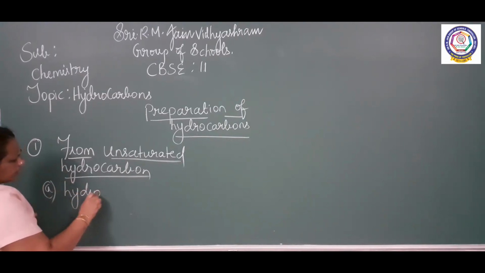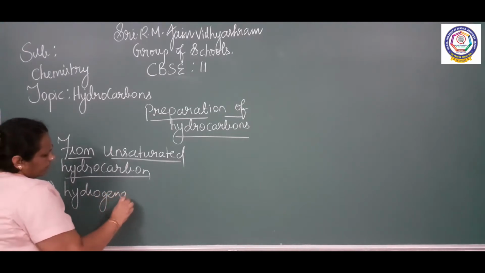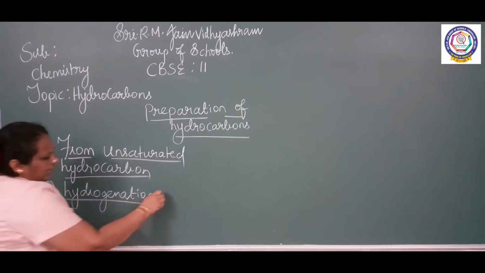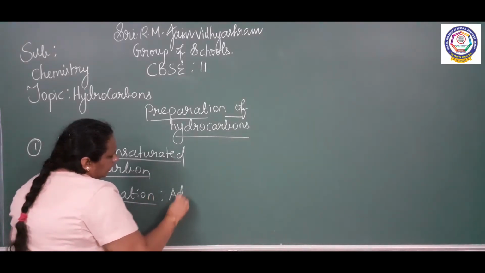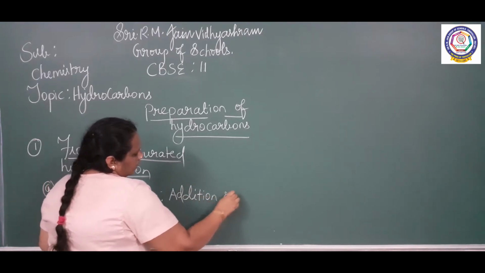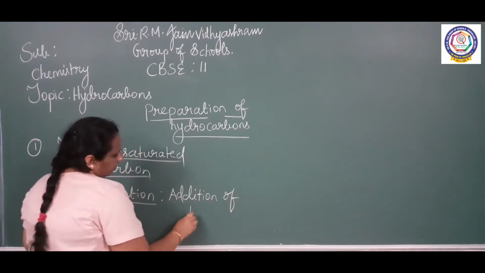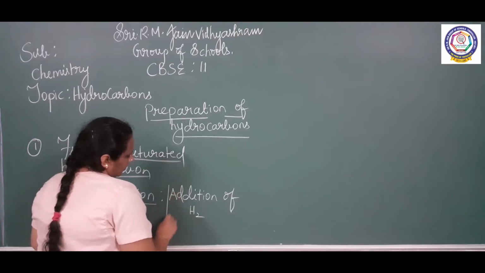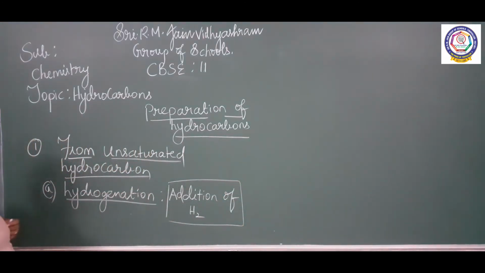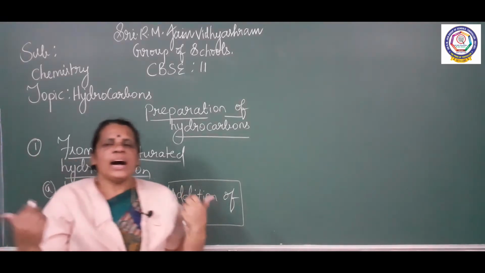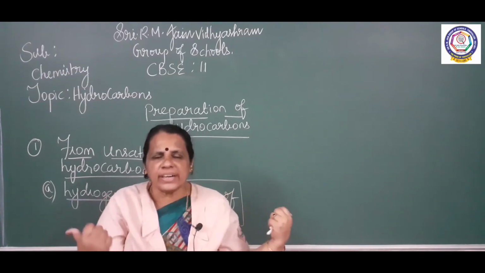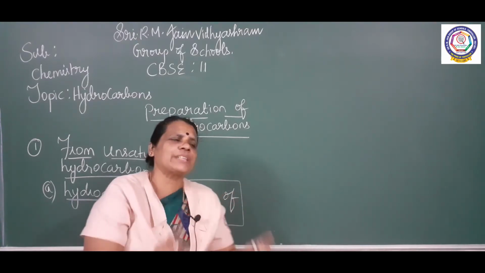Hydrogenation. What is hydrogenation actually? Addition of hydrogen, addition of H2. So here we are going to see how hydrogen atoms are added to the unsaturated hydrocarbon and how we convert unsaturated hydrocarbon to saturated.